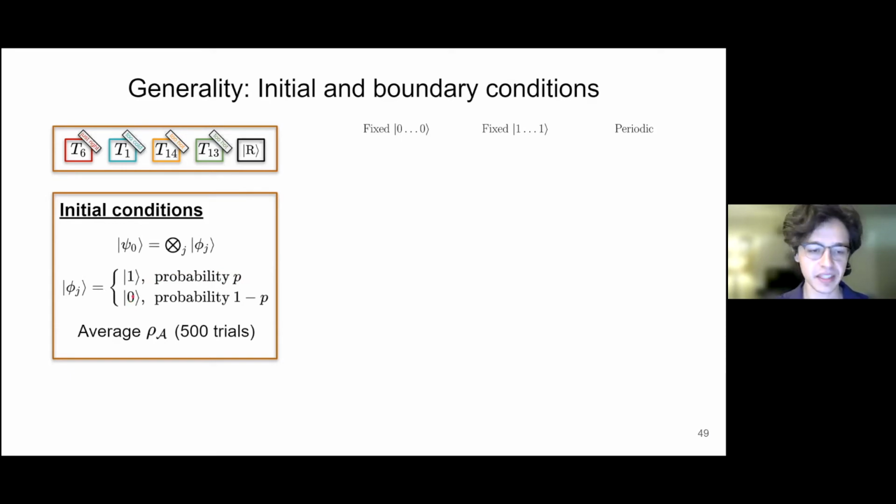We'll run that quantum cellular automata for a specific initial condition and store all of the subsystem density matrices that we're interested in, and then repeat that initialization and simulation process 500 times and average all of those resulting subsystem density matrices.